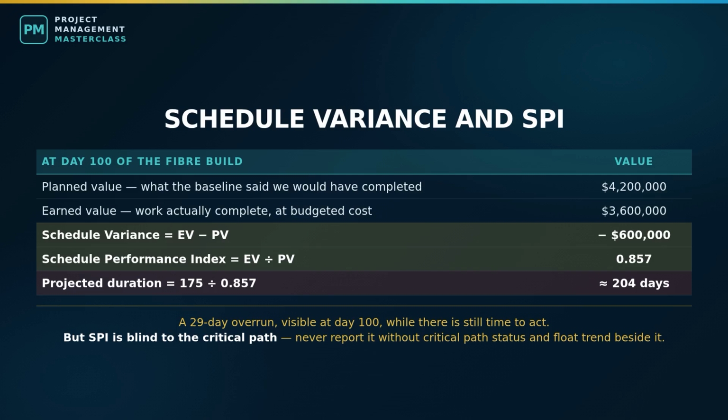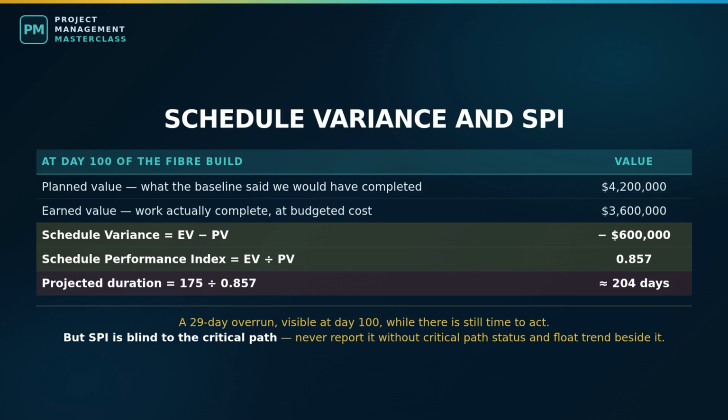A program reports green for months because the high-volume, low-difficulty work is flowing. The permit, or the integration, or the regulatory approval on the critical path has not moved since month 2. Then the volume work runs out, the index falls off a cliff, and a project that was ahead of schedule is 4 months late and nobody can explain when it happened. It happened in month 2.